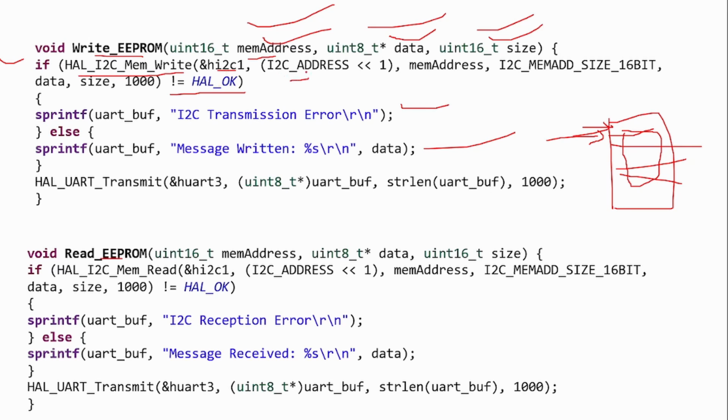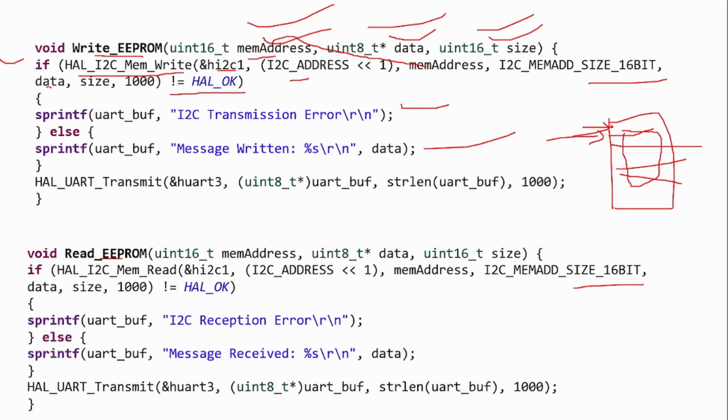Second is the address of the device. Third is the address of the memory. Fourth one is the address size. I am using 16-bit address size for this I2C, and for both write and read, this is the same. Okay.